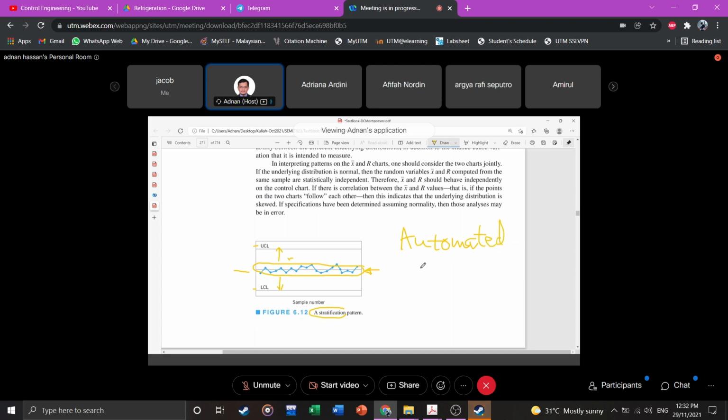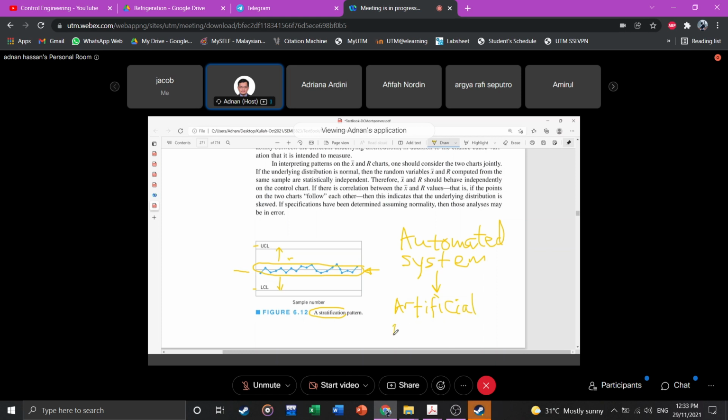So we need to use a computer to recognize this. We can have automated SPC, smart SPC, or we can even use artificial intelligence to train it. Artificial intelligence can be used to recognize this pattern, for example using a neural network.